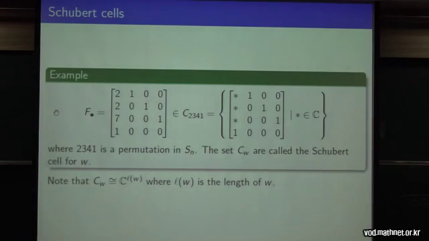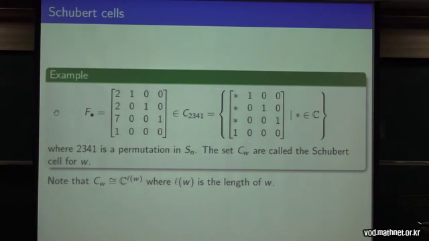And you can define a Schubert set in the same way. If you know the positions of the ones, then you just record the column of each pivot, each one. So we have a 1 on the first row at the second column. So we have 2, 3, 4, and 1.